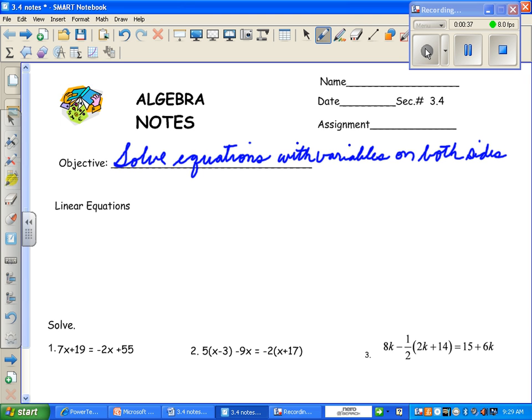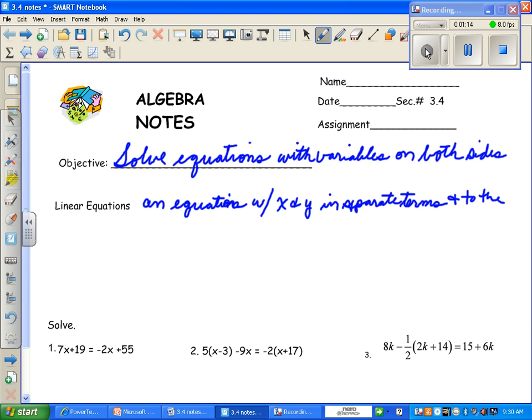But first let's talk about what a linear equation is. A linear equation is going to be an equation with x and y in separate terms and both x and y to the first power.